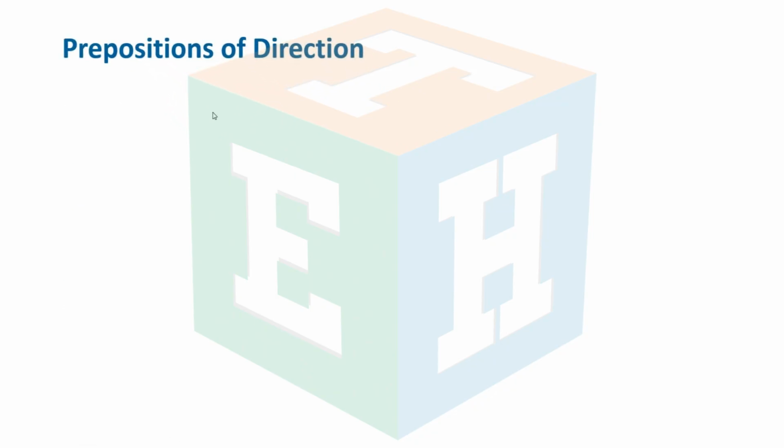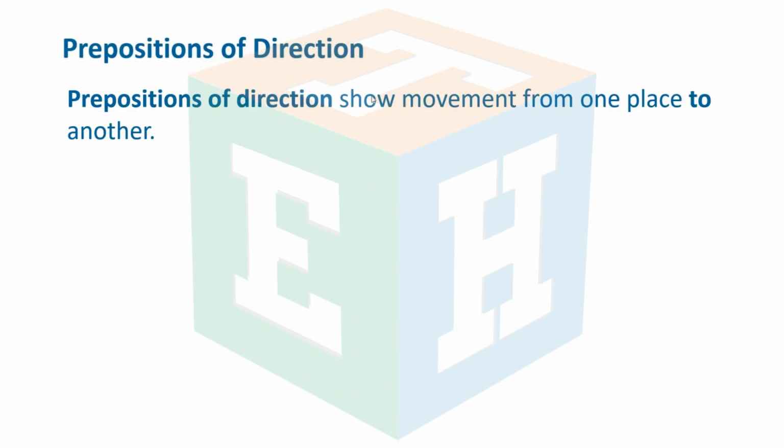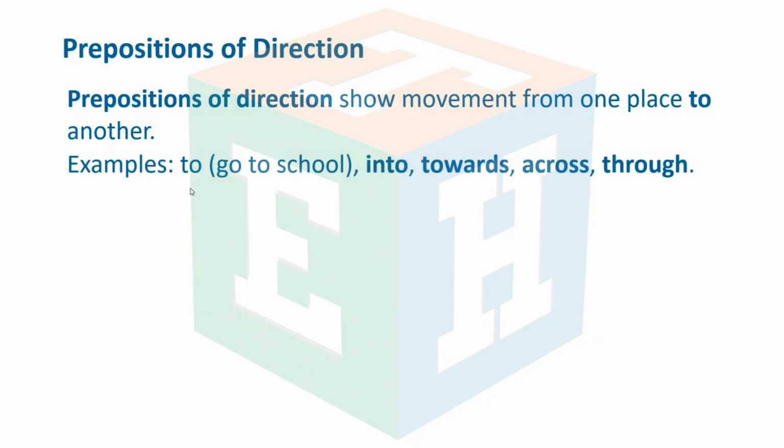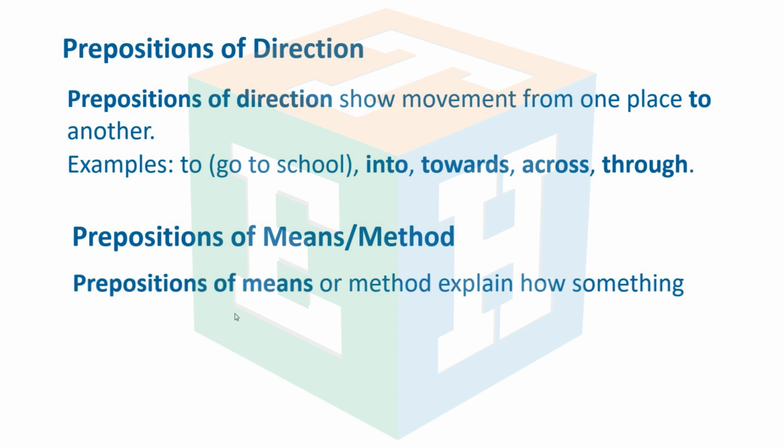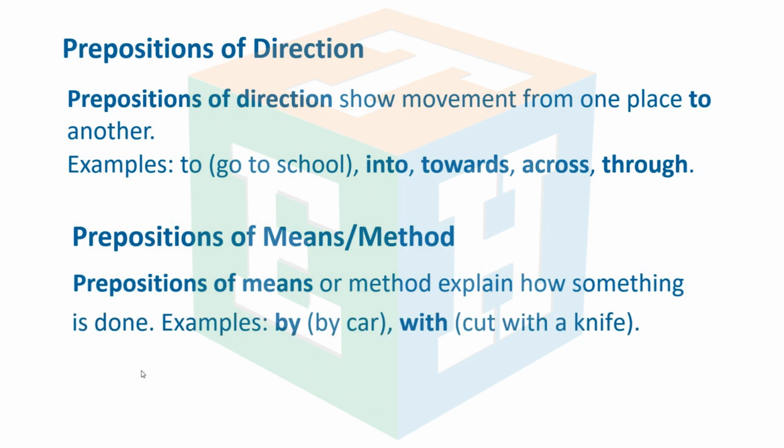Prepositions of direction. Prepositions of direction show movement from one place to another. Examples: to, as in go to school, into, towards, across, through. Prepositions of means or method. Prepositions of means or method explain how something is done.